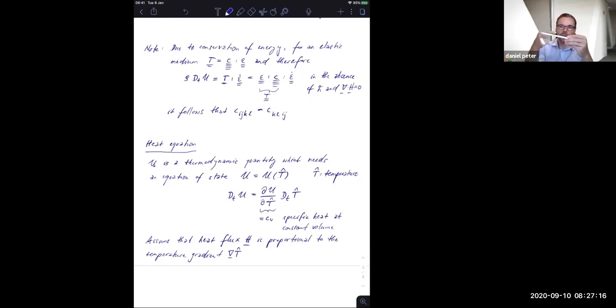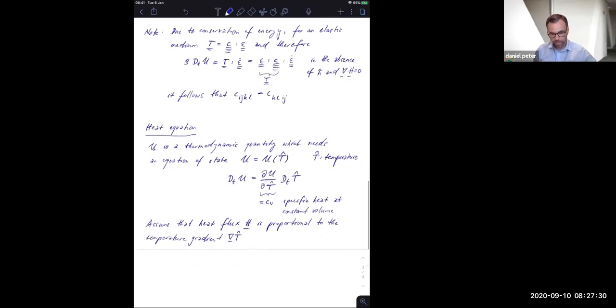So it's basically in the negative, the opposite direction, of the gradient. And this is Fourier's law, basically. So that is Fourier's law.